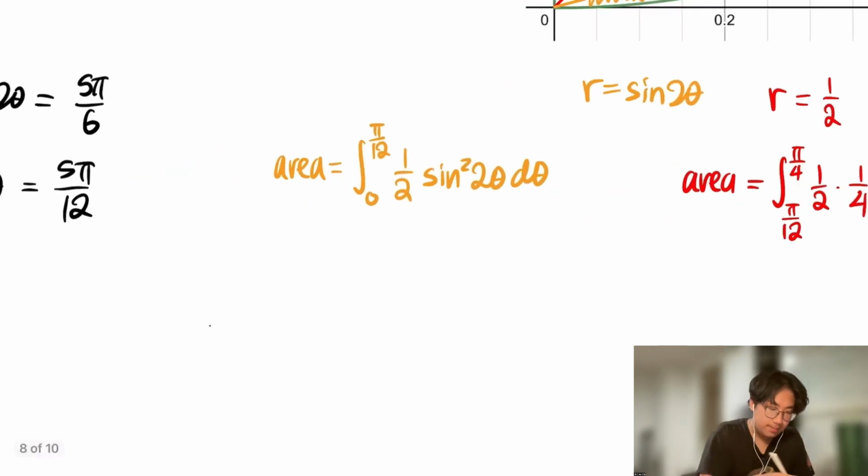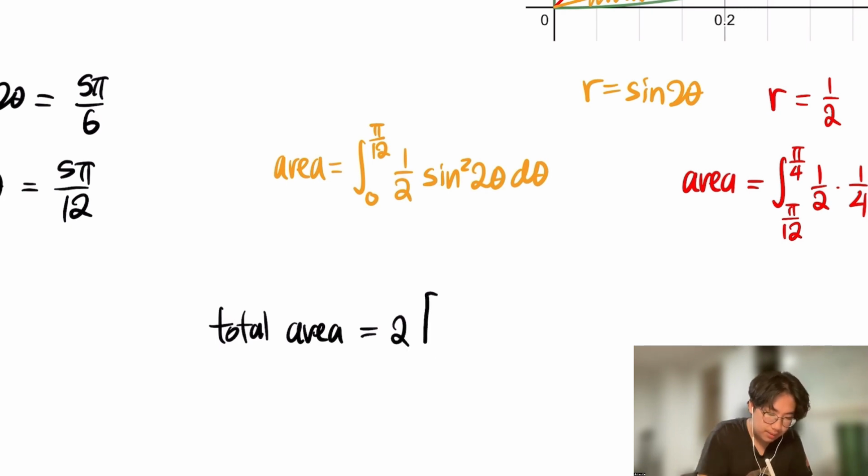So then the total area is simply equal to the following. So it's equal to 2 times, I'll write it in big brackets. So just the, yeah, that's better.